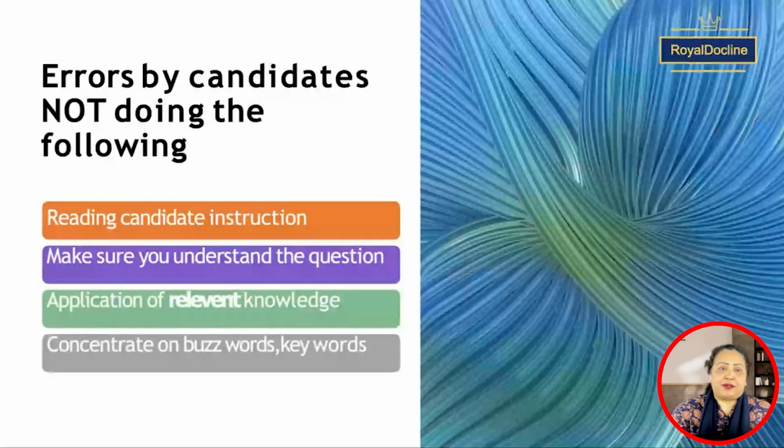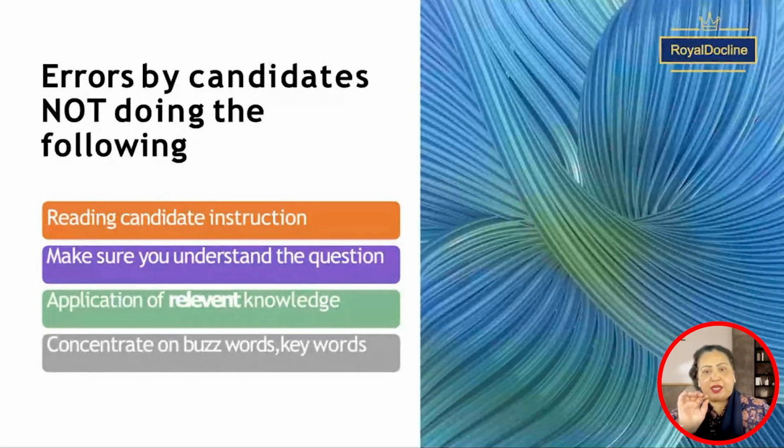Let's go through the errors made by candidates, and why they are not attempting the paper properly. Number 1, they are not reading the candidate instructions clearly, specifically in the extended matching questions. This is very important. You are just missing one part or one point, and from there, the whole point of the exam is gone. Secondly, people are not making sure that they understand the question. You should understand the question.